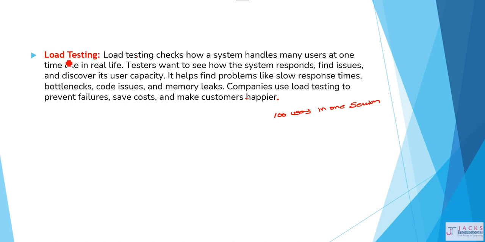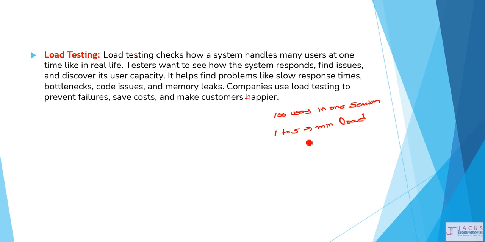Now in load testing, what we do, we add users from 1 to 5. This is the minimum load we apply. So how is our tool responsive when we apply minimum load, when we add 1 to 5 students into the video conferencing tool?